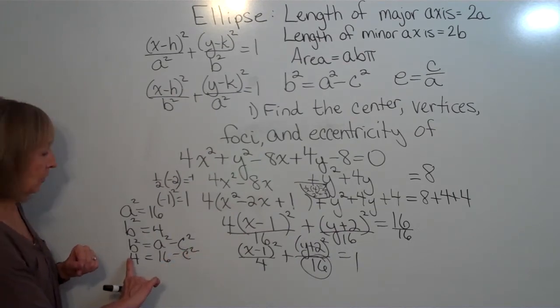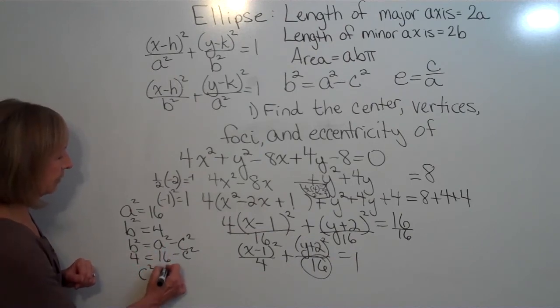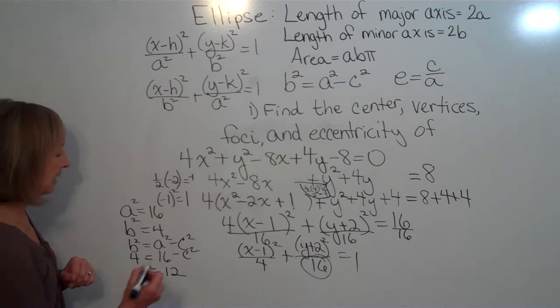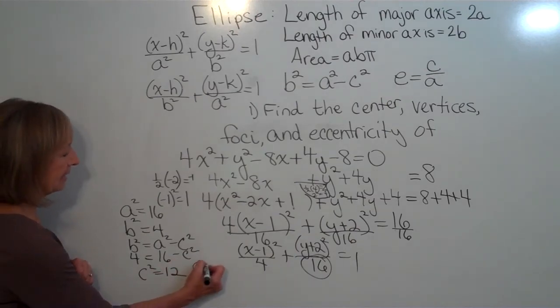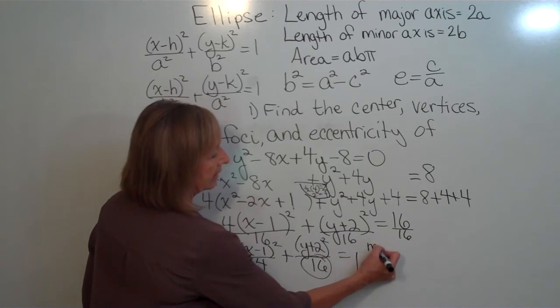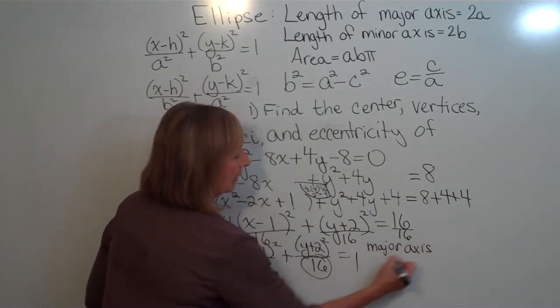If I add a c squared to both sides and subtract a 4, c squared is equal to 12. And then take the square root of both sides, I have that my c is equal to plus or minus the square root of 12, which is 2 times the square root of 3. So this major axis is vertical.